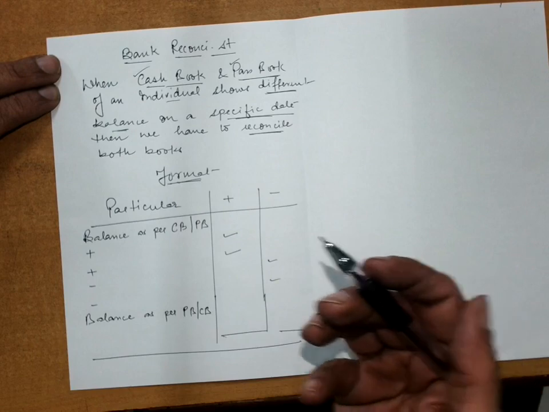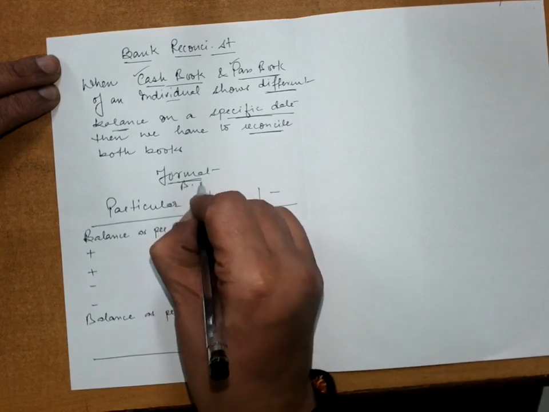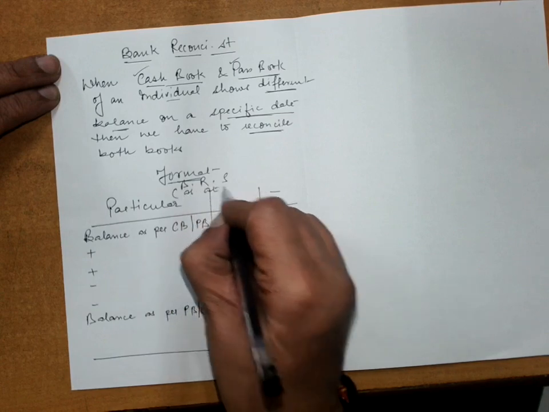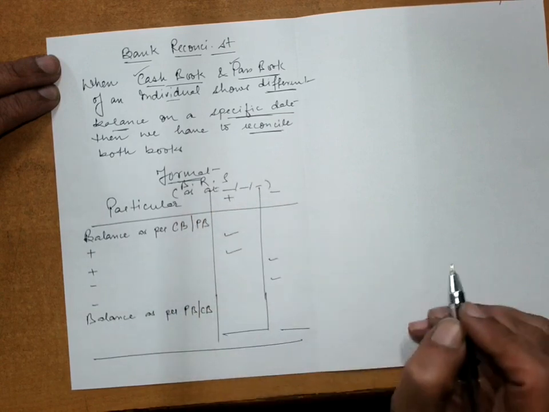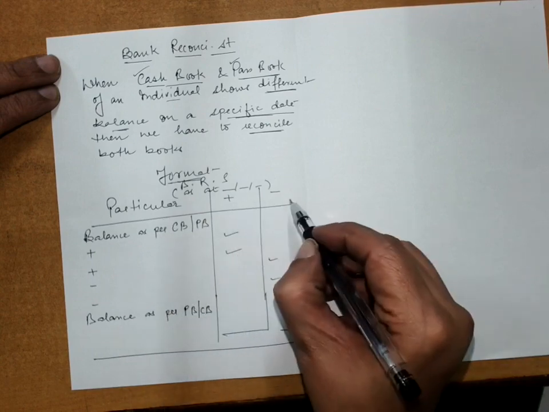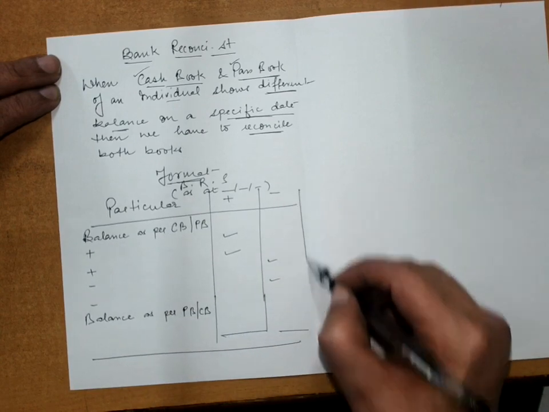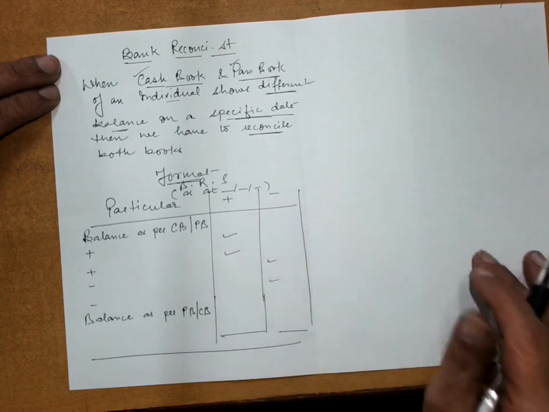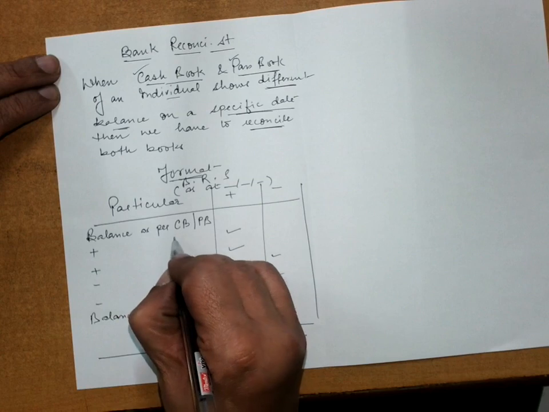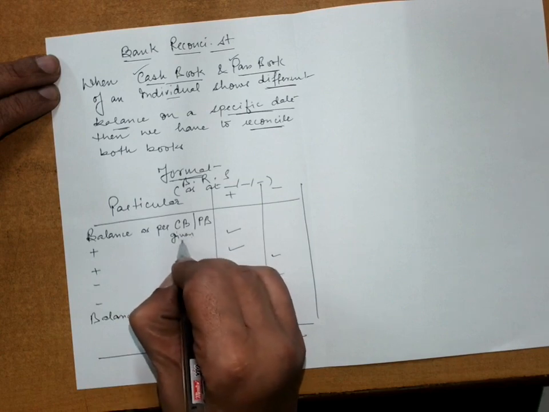You will make a table, just give heading bank reconciliation statement, put a date as at, date will be given in the question, then particulars, plus and minus. So amount column will be two columns, one of plus, one of minus.